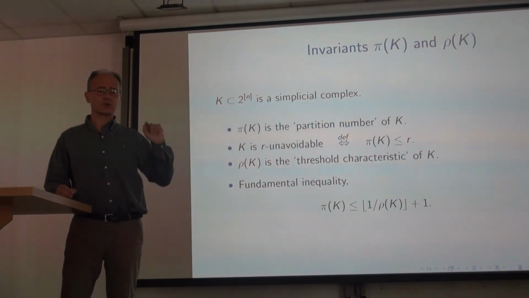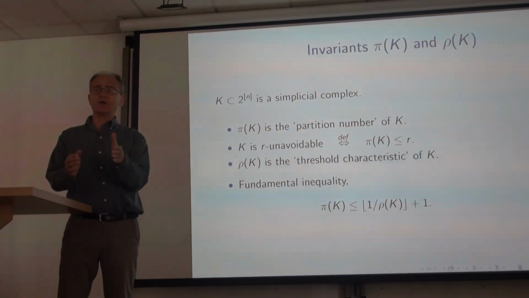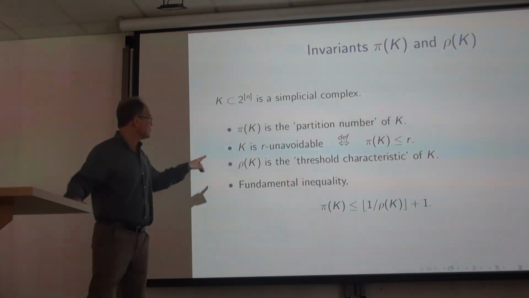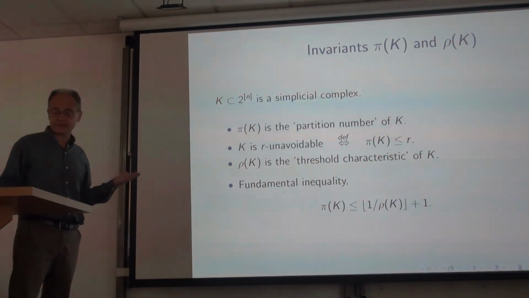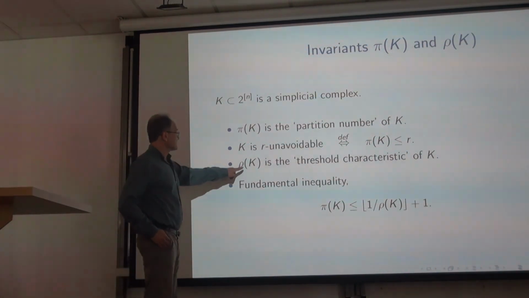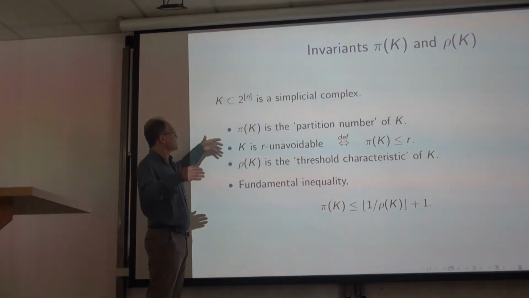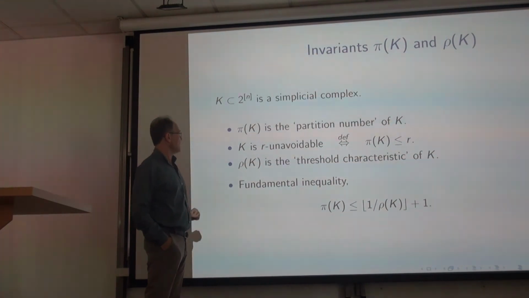You have some threshold, and then you take any subset and add up all the weights of the elements. If it is below the threshold, then you add it to the simplicial complex. That's called a threshold complex, a standard construction used very much. So, in a sense, this invariant measures how big is the largest threshold complex contained in K.